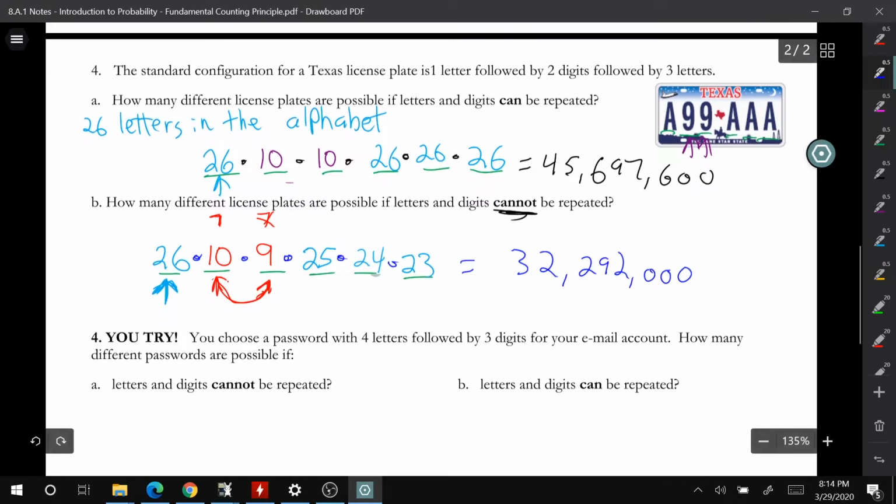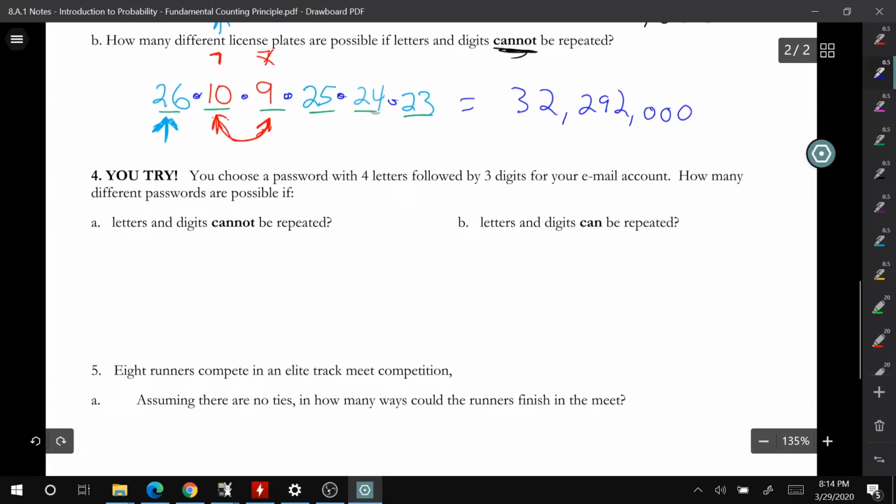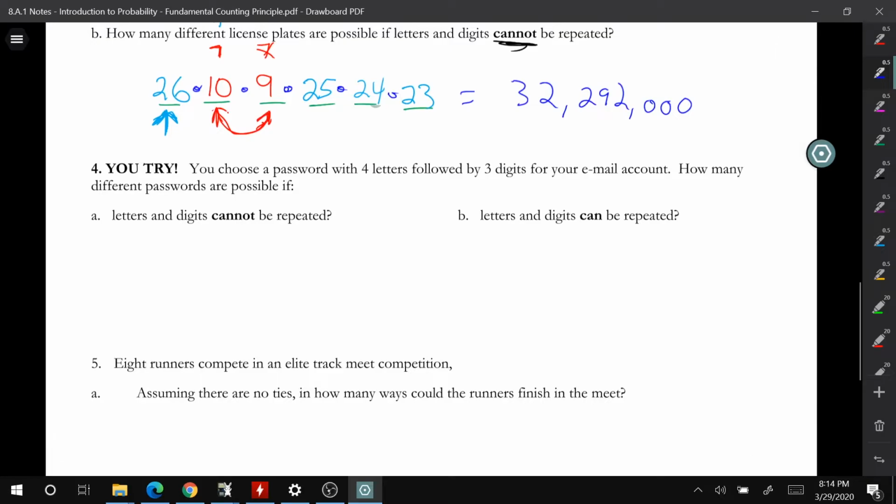So for the you-try ones, I'm just going to set it up, and then I'm going to have you pause the video and try it. So again, it says you choose a password with 4 letters followed by 3 digits. So we have 4 letters followed by 3 digits. So go ahead, pause the video, and once you've tried this, unpause it and see if you get the same answer.